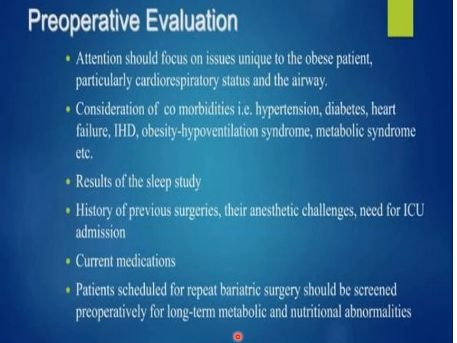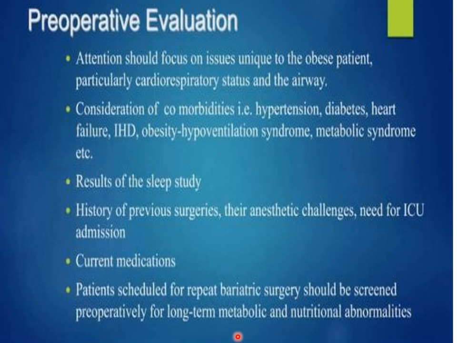What is the pre-operative evaluation? For pre-operative evaluation for bariatric surgery, we have to focus on the patient's issues. What does that mean? For example, those patients may have a cardiorespiratory status problem with an airway problem, so we have to put our focus on this issue exactly.